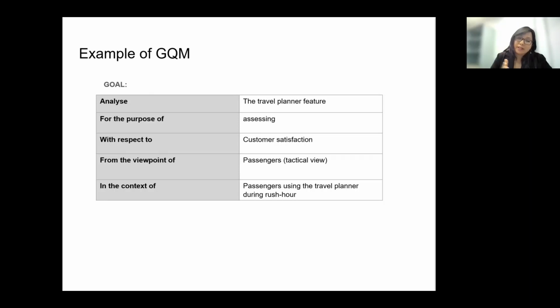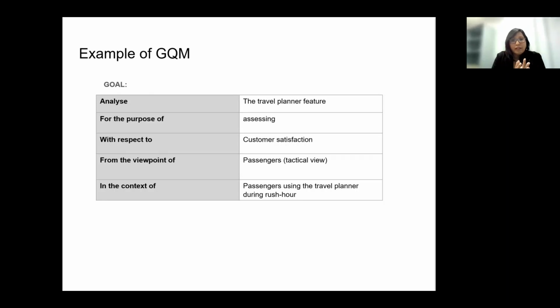So we are being more specific about the environment in which the measurement is being carried out. So with this, using the elements of the framework, we define our measurement goal following this template. So that is more clear.